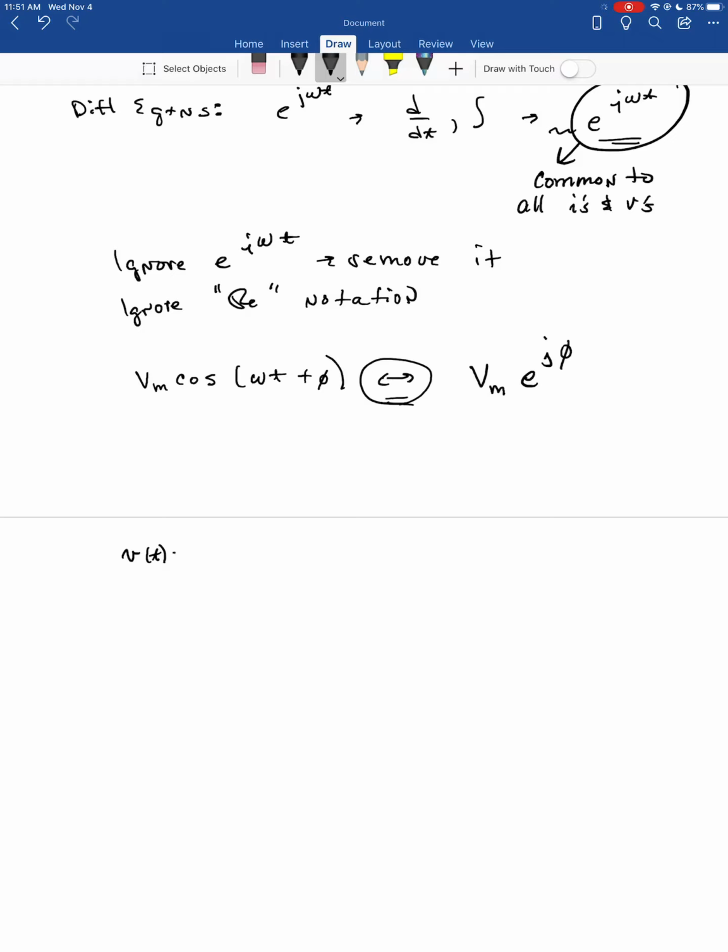Now let's talk a little bit about inductors and capacitors. For an inductor, v of t is L di dt.